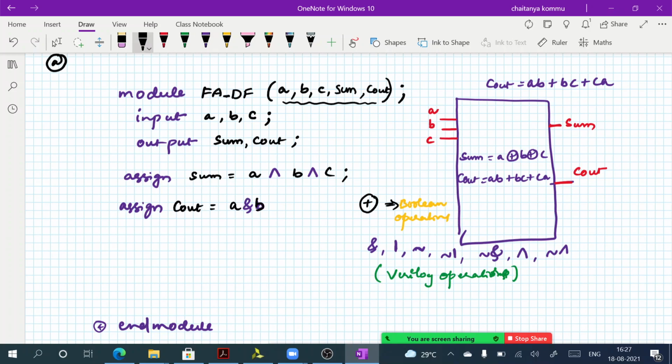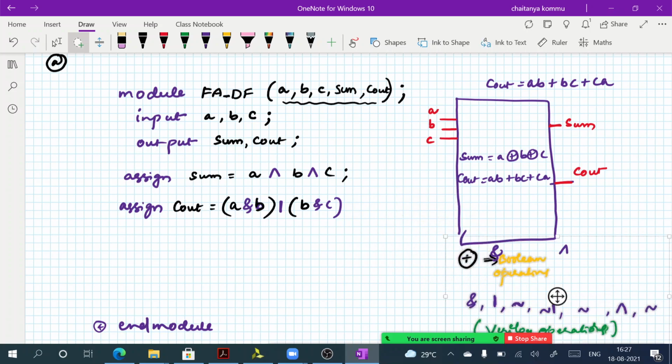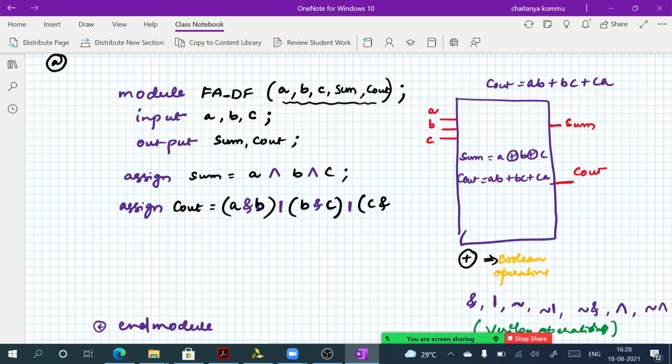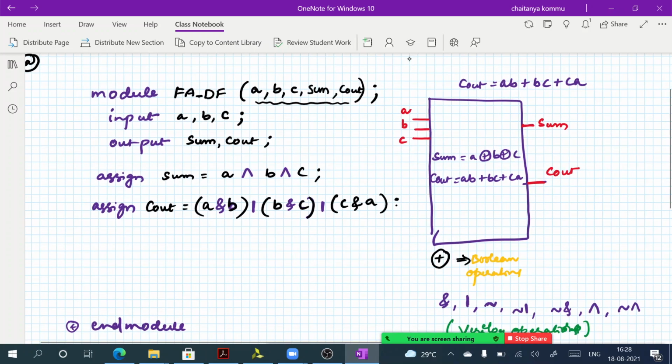So A ANDed with B, or B ANDed with C, or C ANDed with A. So we have to use a semicolon. That's all.